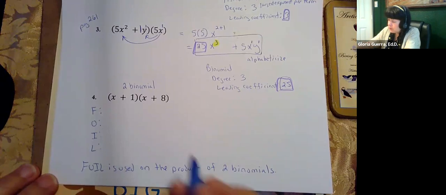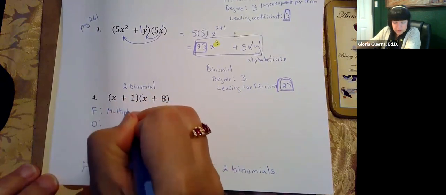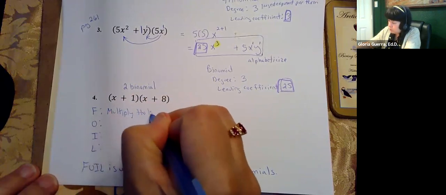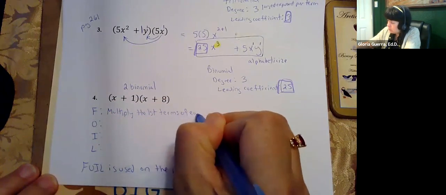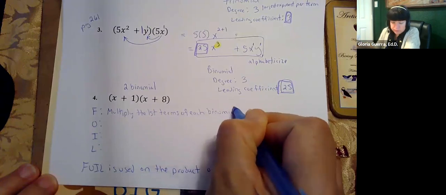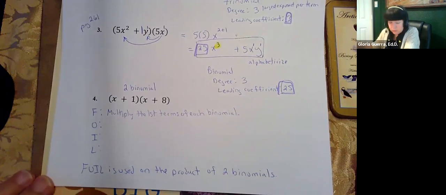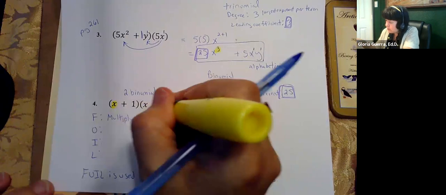And F stands for multiplying the first terms of each binomial. So we're doing, for example, x times x.